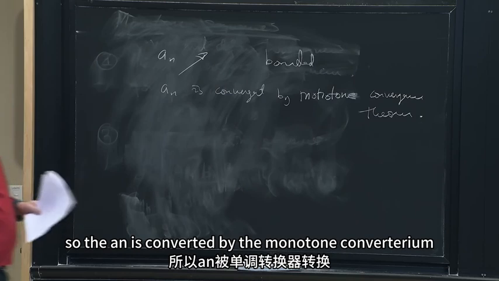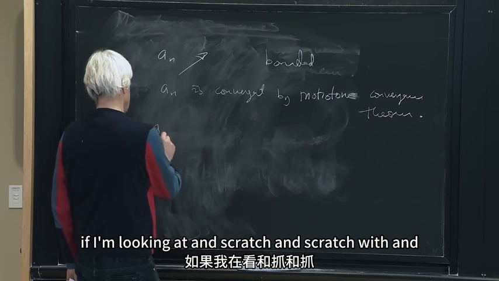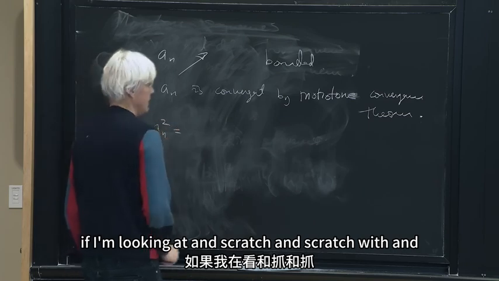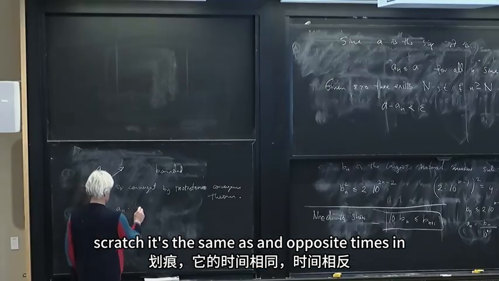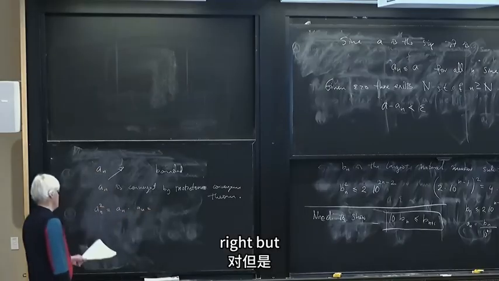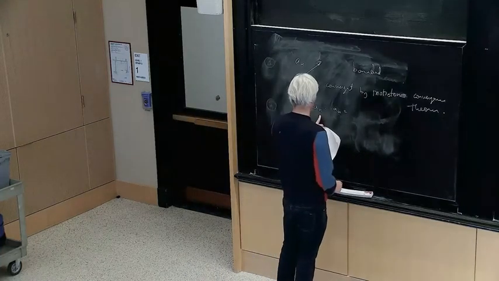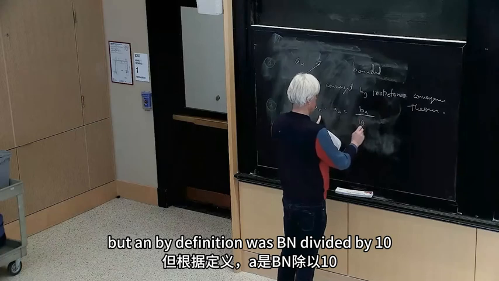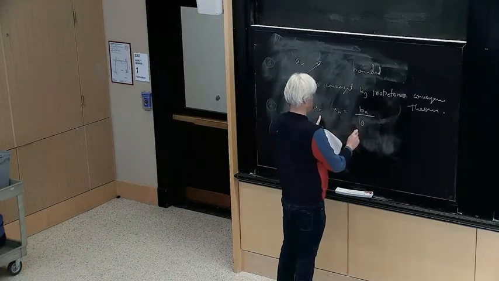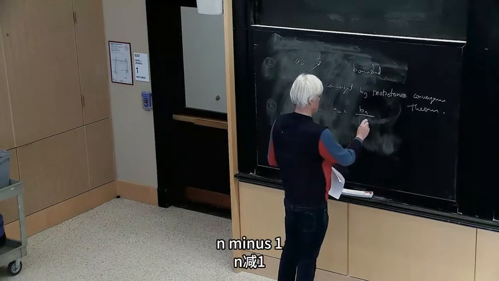Right? So the an is convergent by the monotone convergence theorem. But now, if I'm looking at an squared, it's the same as an, obviously, times an, right? But an by definition was bn divided by 10 to the power n minus 1, right?